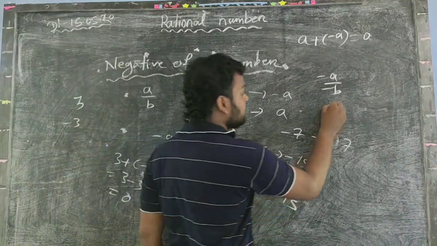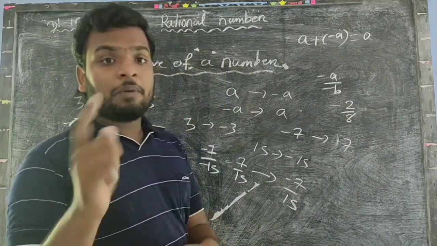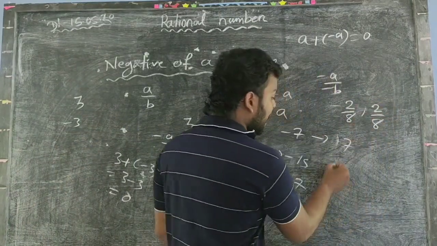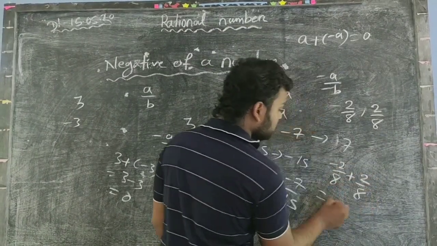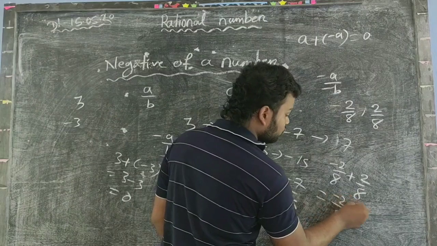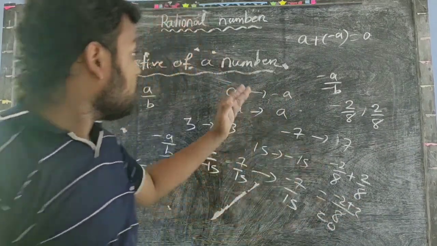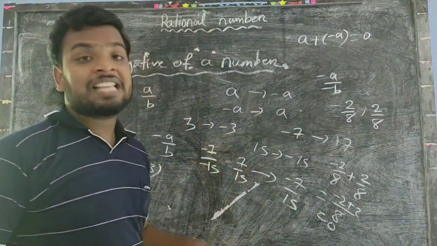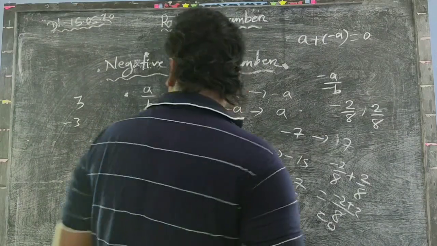Similarly, if a number is minus 2 by 8, its additive inverse is plus 2 by 8. So when we add minus 2 by 8 plus 2 by 8, we get 0. So when we add a number to its additive inverse, we get 0 as a result. So this is the negative of the number.